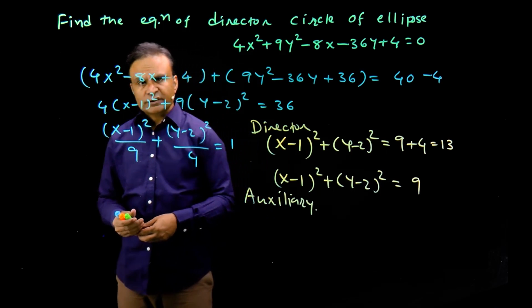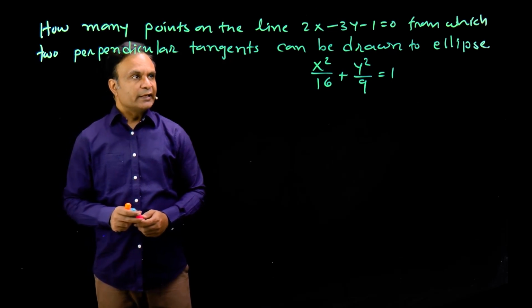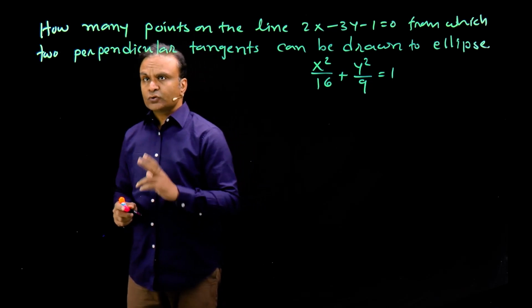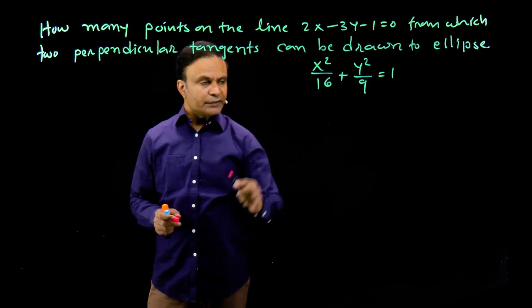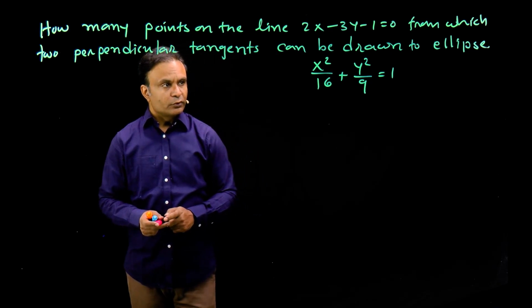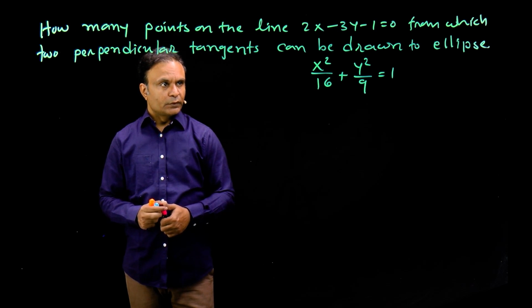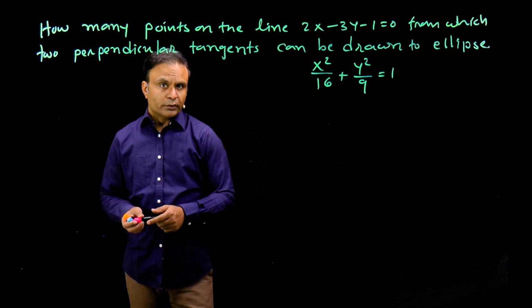Let's try next question. The question is, how many points on the line 2x minus 3y minus 1 is equal to 0 from which two perpendicular tangents can be drawn to ellipse x square upon 16 plus y square upon 9 is equal to 1. Now perpendicular tangents intersect on director circle.